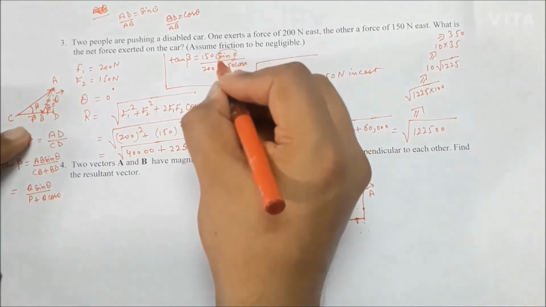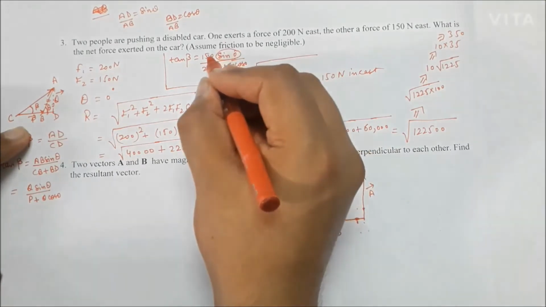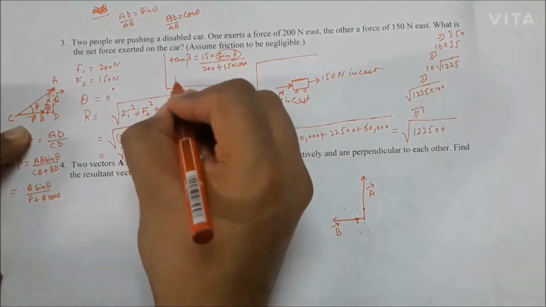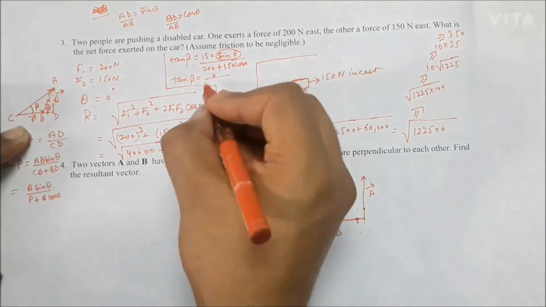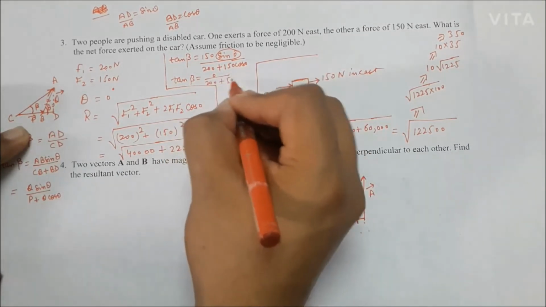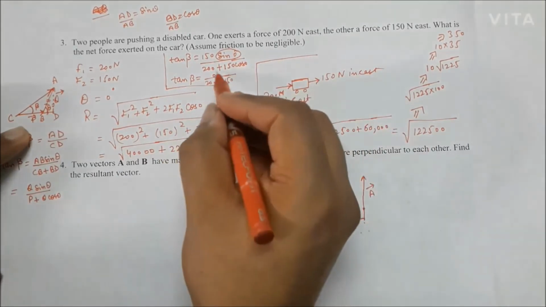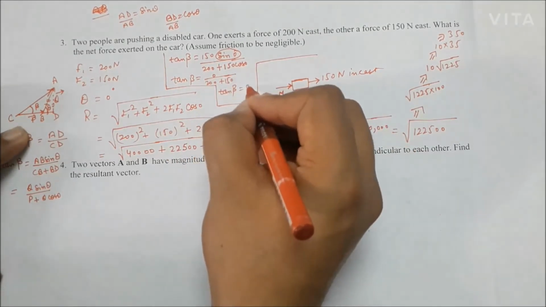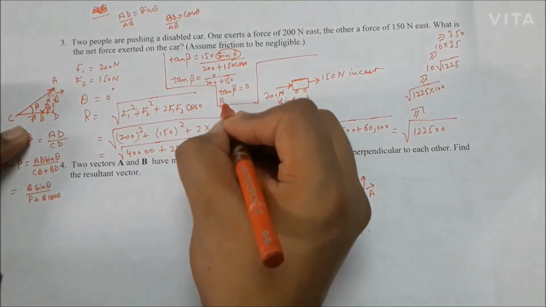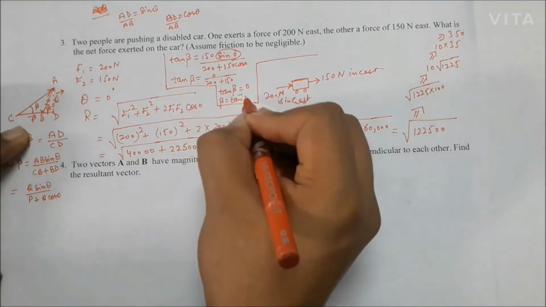Now sine 0 is 0. When 0 is multiplied with something, the term becomes 0. Now tan beta is equal to 0 upon 200 plus 150, as cos 0 is 1. Now 0 upon something is always 0. So tan beta is 0 and hence beta comes out to be tan inverse 0.